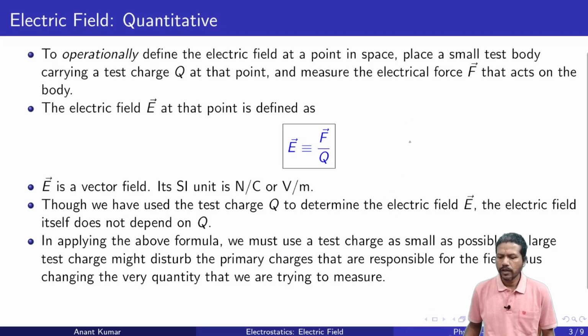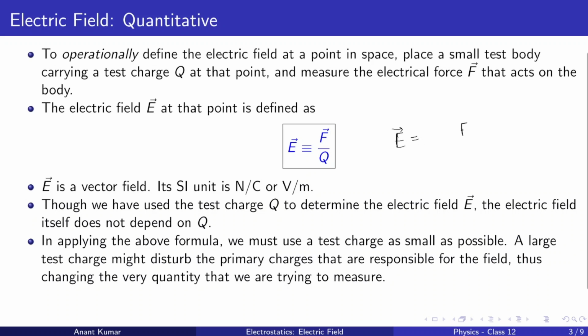So we could write that the electric field is F by Q. However, we shall try to take as small a charge as possible. So we could say this as a limiting case when the test charge Q tends to 0. Though we know that the least charge that we could take as a test body is nothing but the electronic charge.